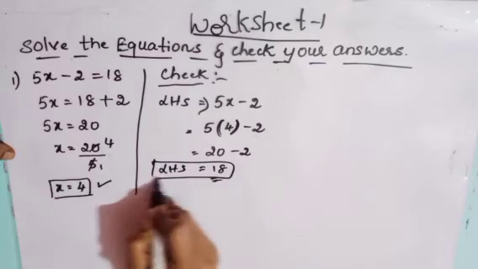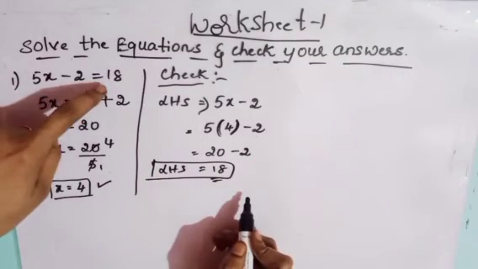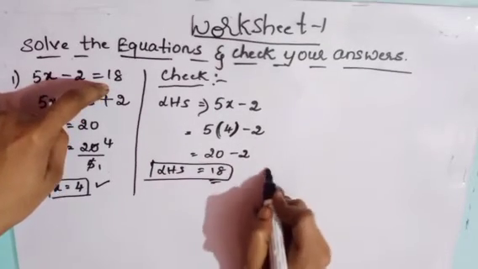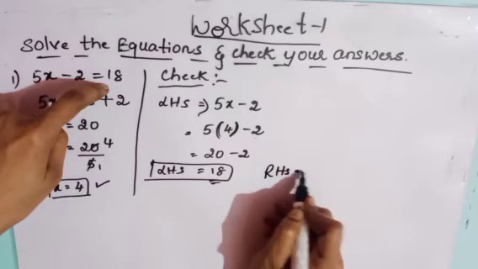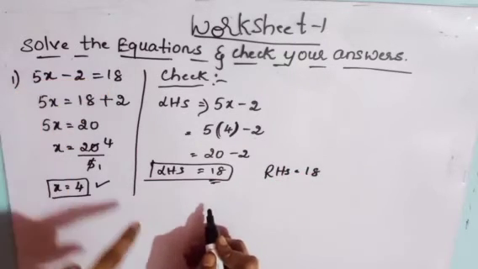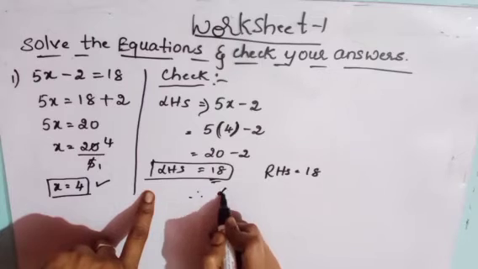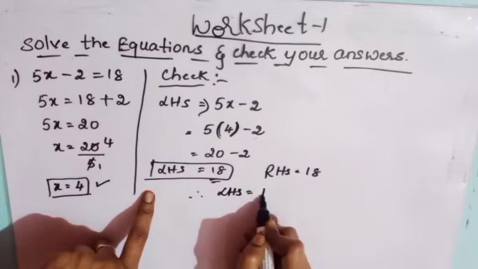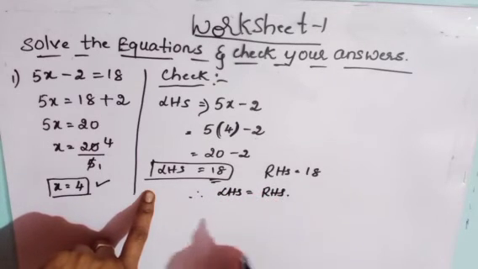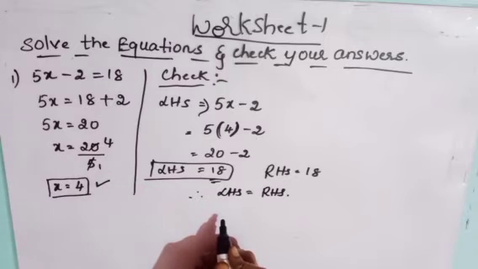Next, let us verify the RHS. It is already given: RHS equals 18. Now what we confirmed is that LHS equals RHS.